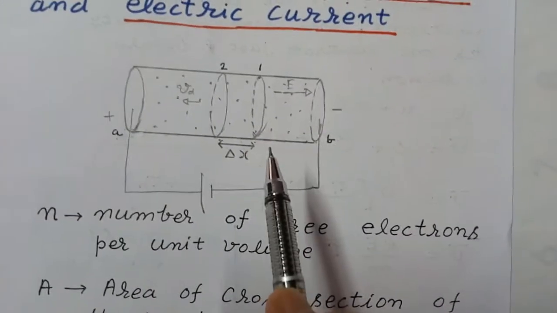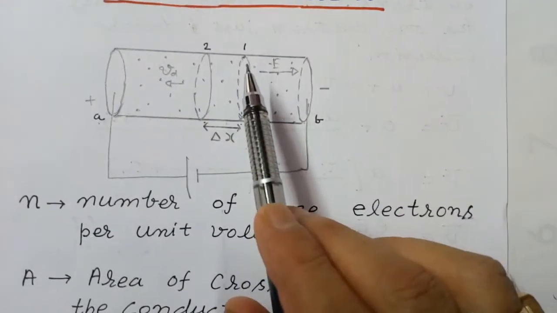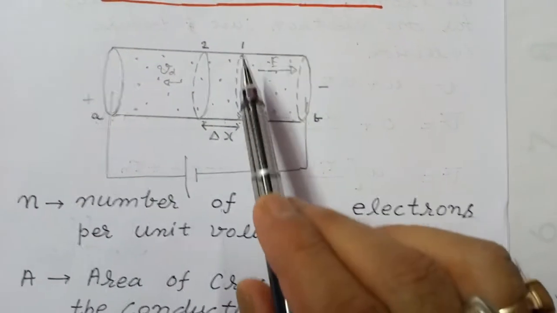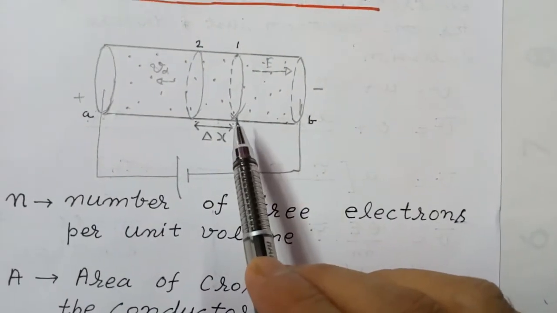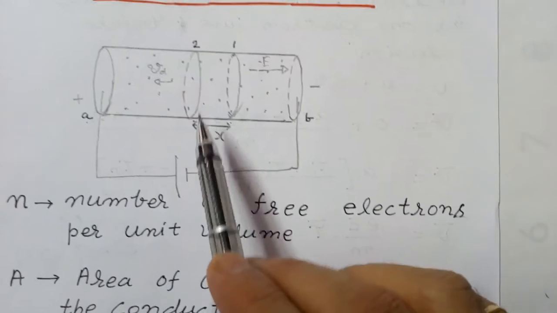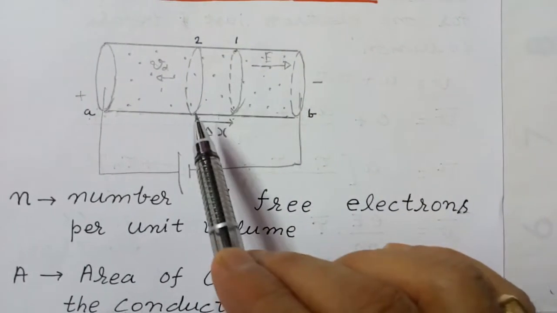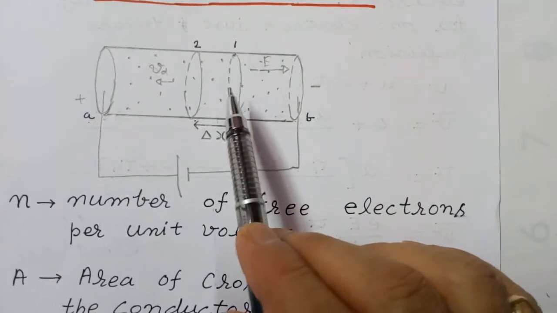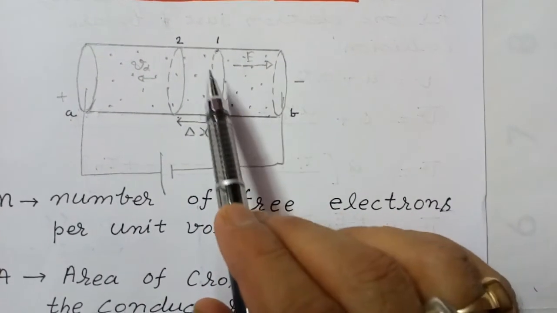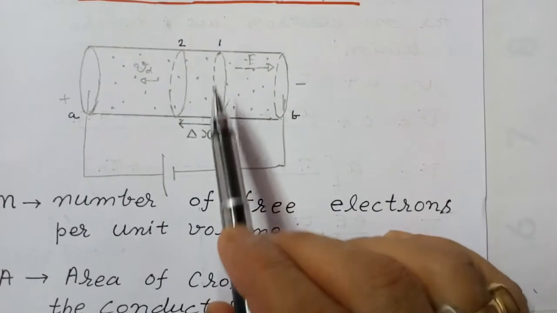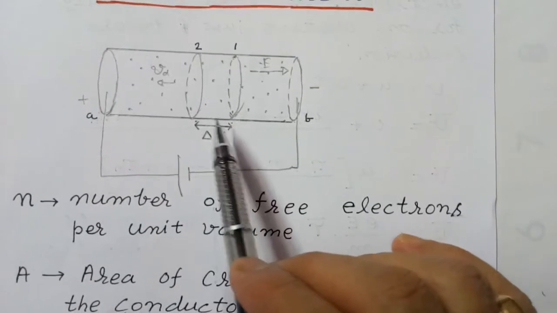Now suppose in delta t time electrons drift through cross section number 1 a small distance delta x, and they reach cross section number 2. Now we will calculate the number of free electrons which cross the first cross section in time delta t.